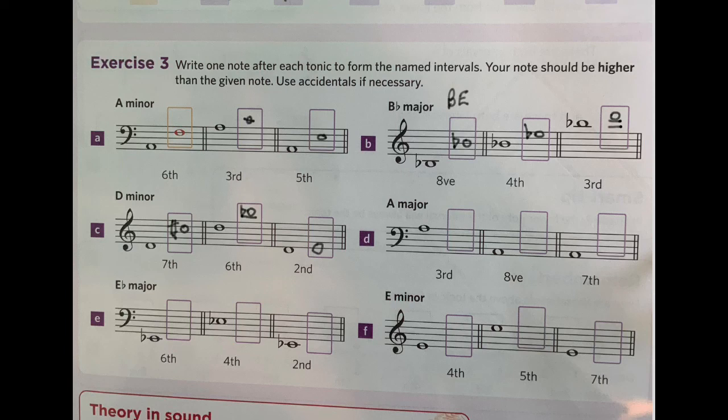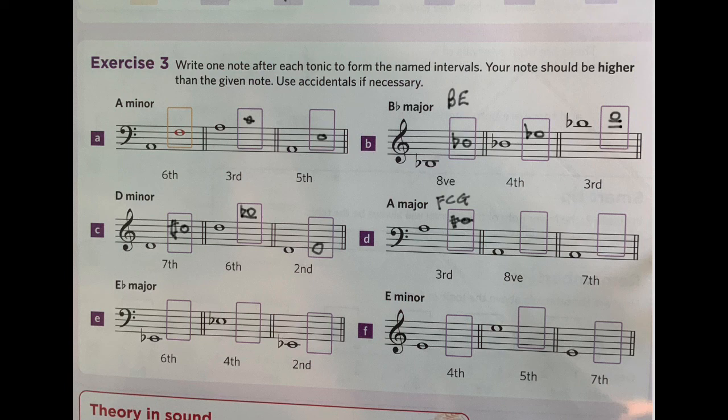On this one, they are asking for a third, and the key of A has 3 sharps, F, C, and G. And so they are asking for a third, so it's going to be C sharp.